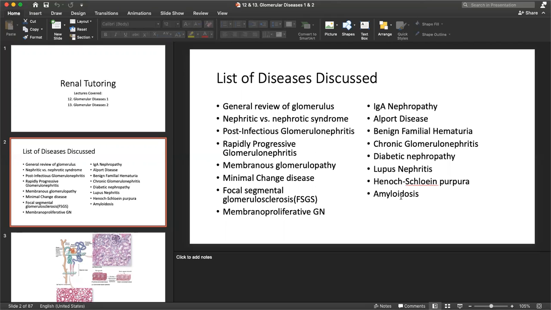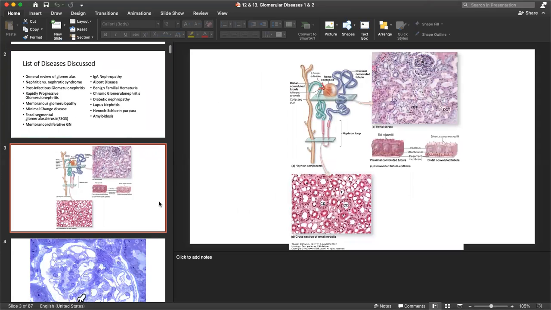I looked at it this summer studying. I thought Pathoma was good, and I thought that First Aid did a pretty good job, but you need to know more details than are in Pathoma and First Aid for your exam. Okay, and I'll try to highlight those as we go through.